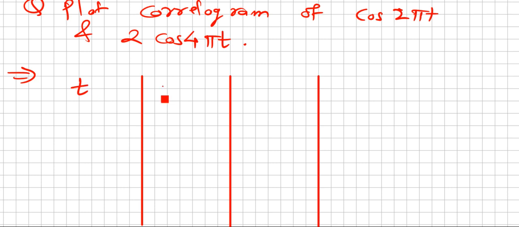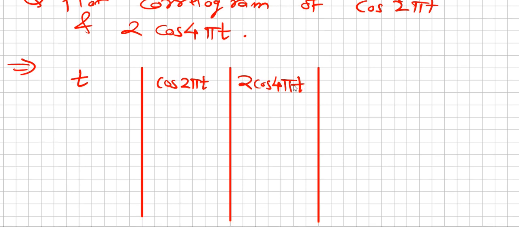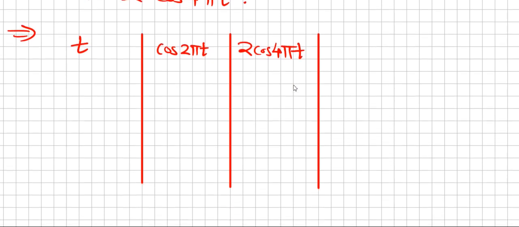On the second column my first signal, cos 2 pi t, and on the third column my second signal, 2 cos 4 pi t. Okay. Now take some values of t. So let us take t as 0, then cos 0 is 1. Here 2 cos 0, that means 2 into 1, 2.